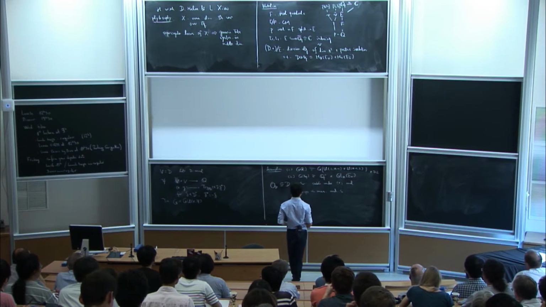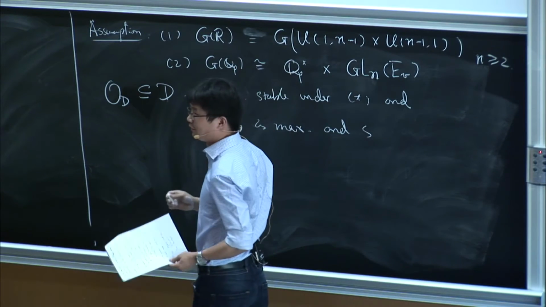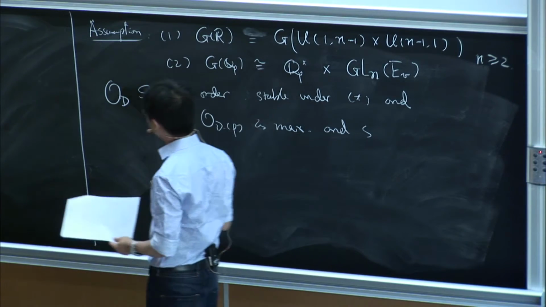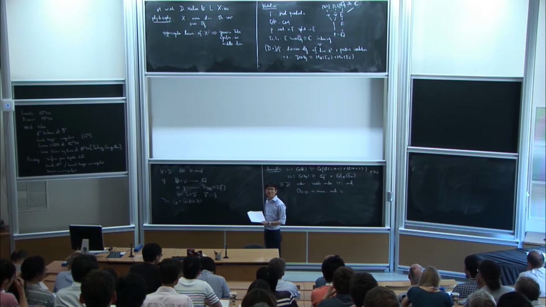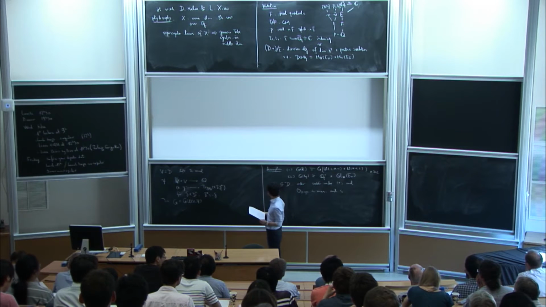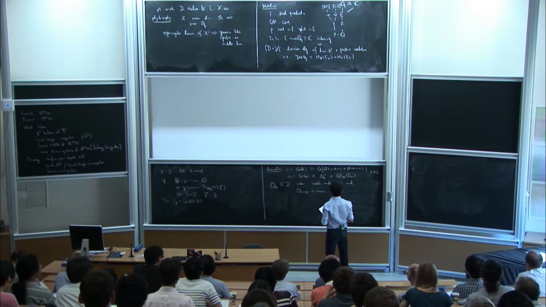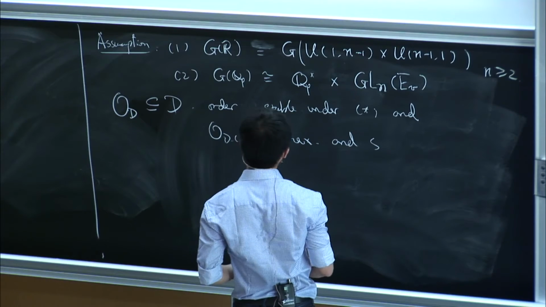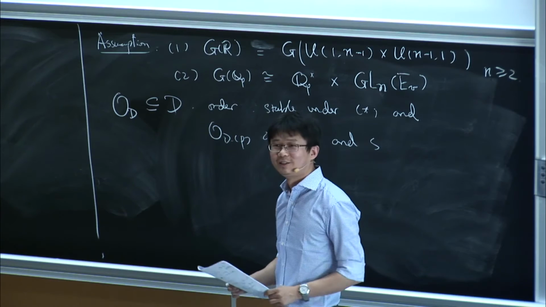Oh, okay. So what I really want is, yes, the signature at infinity is (1, n-1) and (n-1, 1). Okay. What? Oh, G means similitude. Yeah, it's not exactly the unitary group, but yeah, there is a similitude involved.